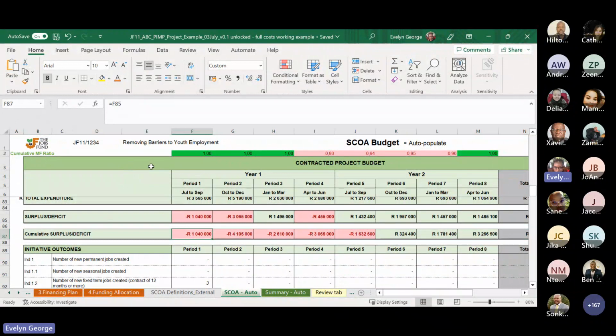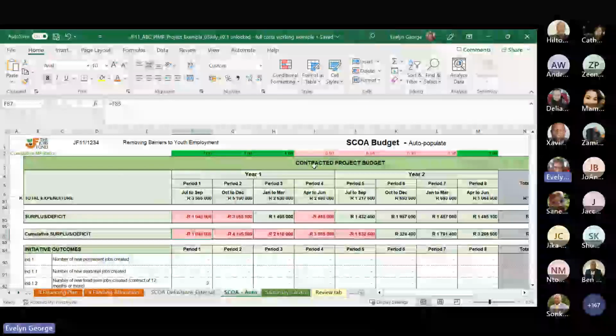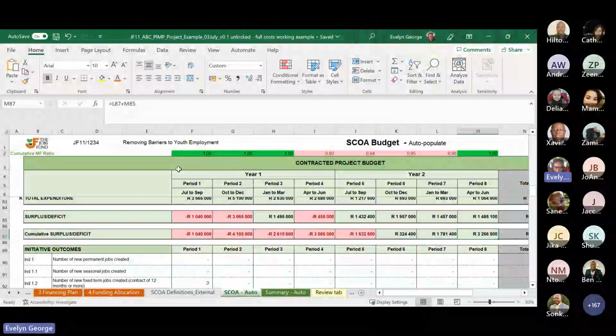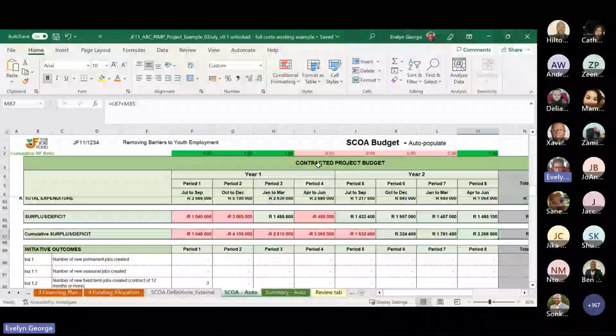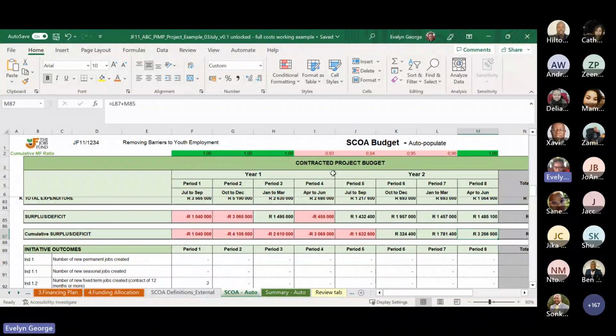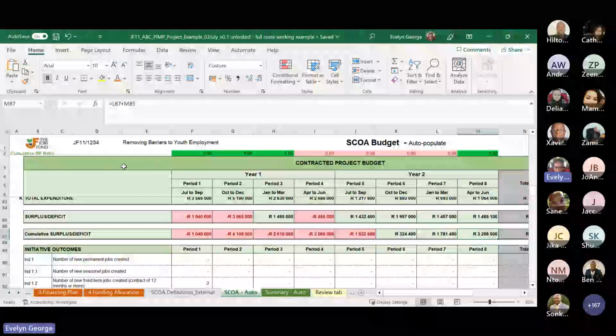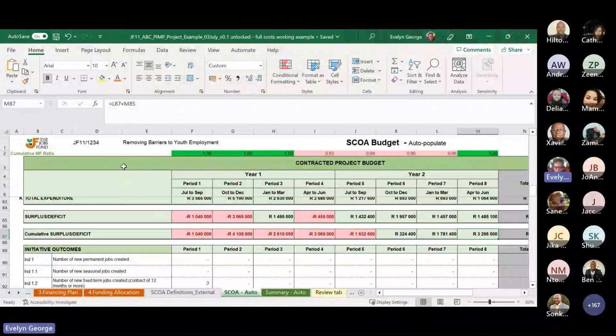Not to say we are saying no, but if you're running with a 3.2 million surplus, we can't really justify it. We'll say, okay, perhaps let's leave 1 million in the project, 500,000 odd, and the rest we'll take and reallocate to another project. But obviously that conversation happens at the appraisal phase. We don't do it unilaterally.